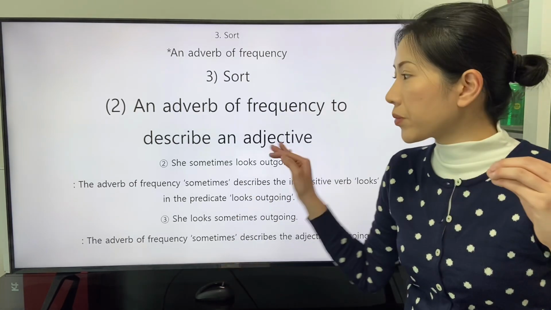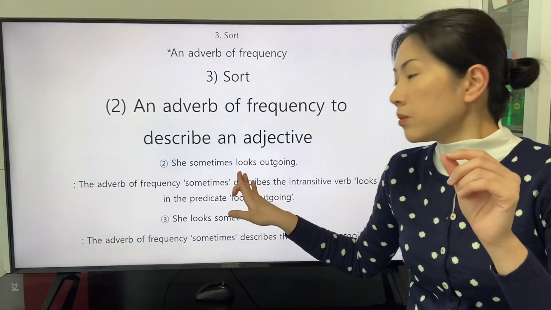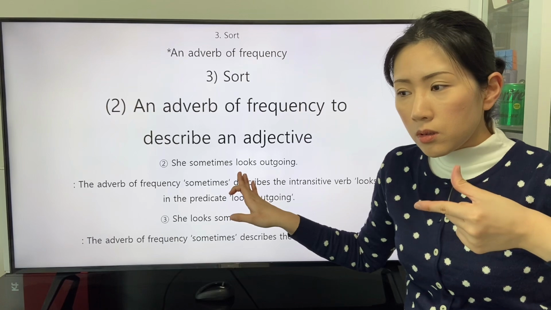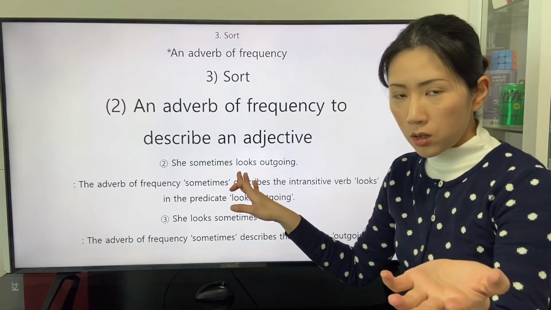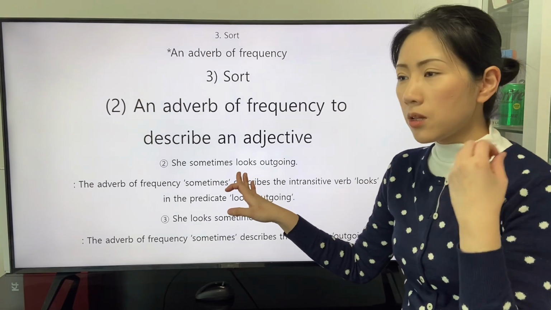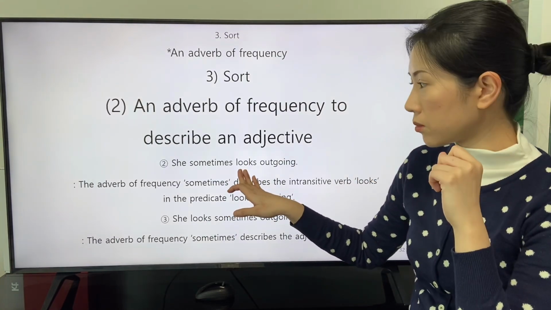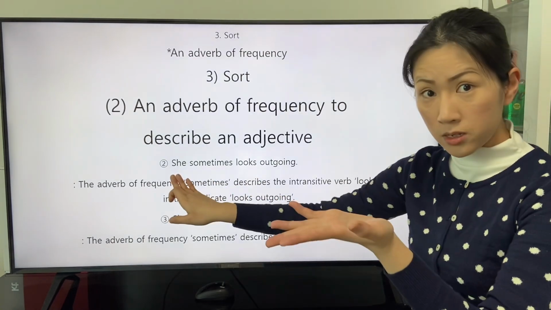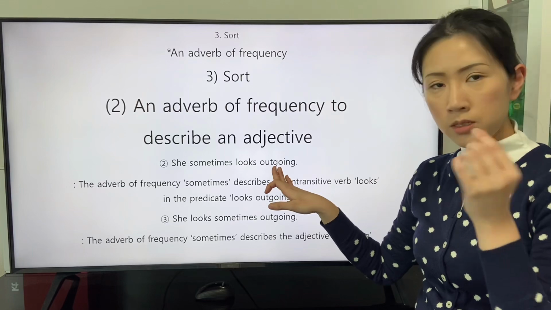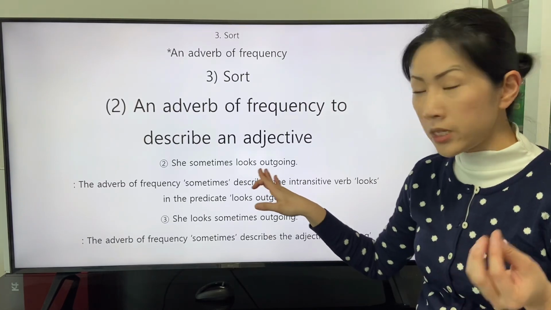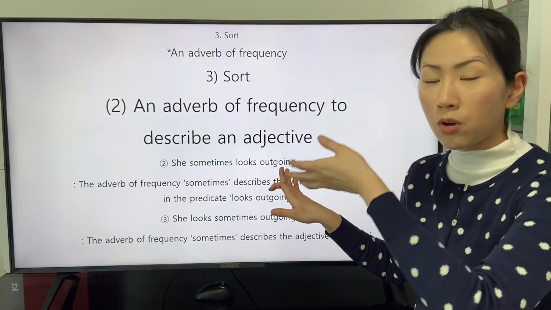The speaker of this clause sets the premise that every time the subject gets the action from the speaker to see the subject, the subject is in the condition indicated by the adjective outgoing.